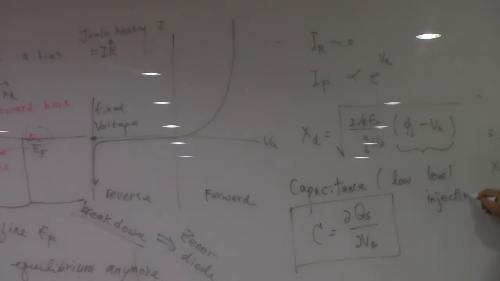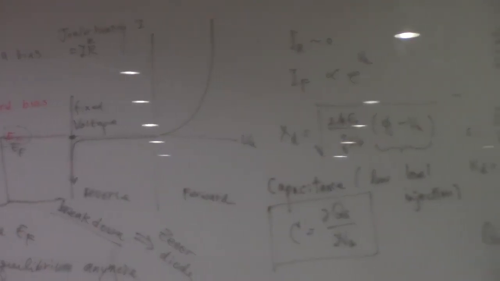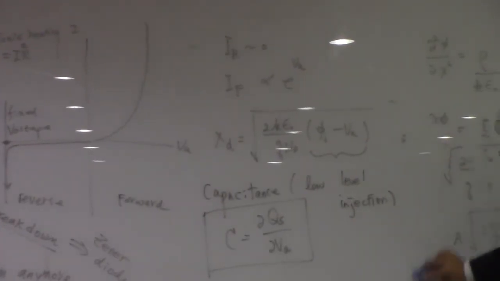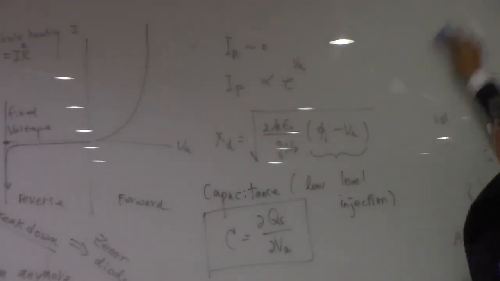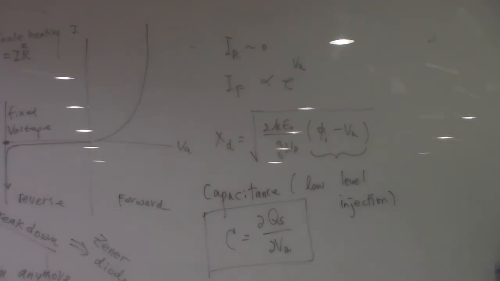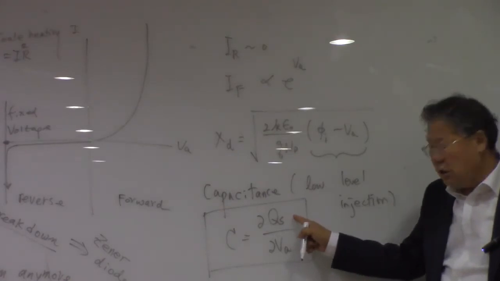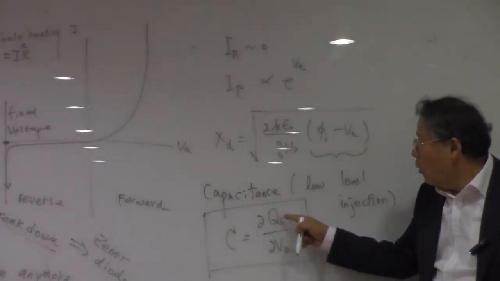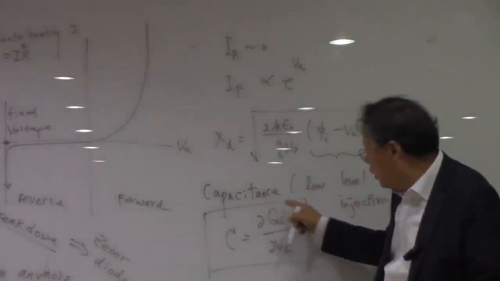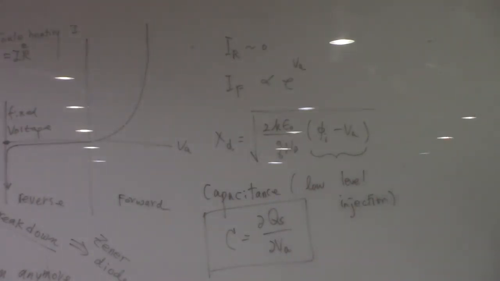We're going to talk about this low-level injection in detail later, but in a usual case, the capacitance should be defined as something like that. We have charges here, and all you have to do is take the derivative of these charges with respect to VA.